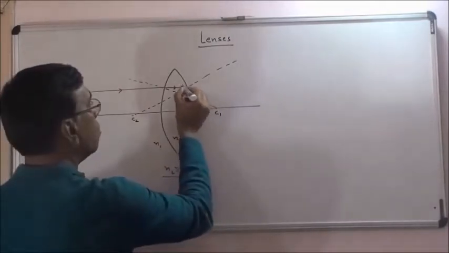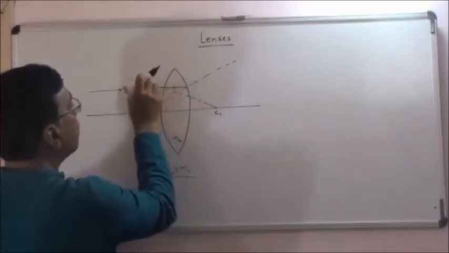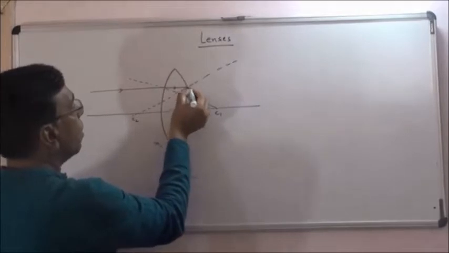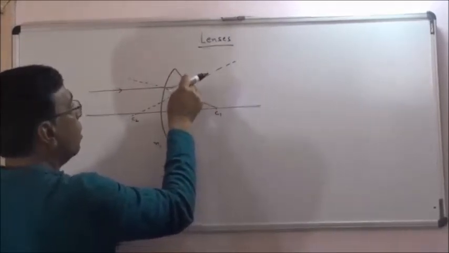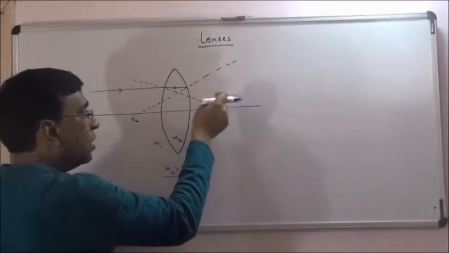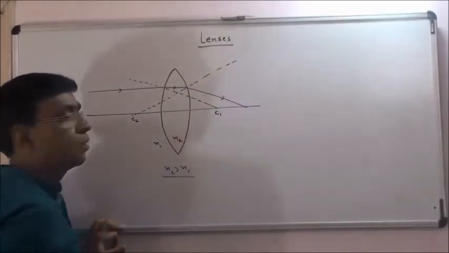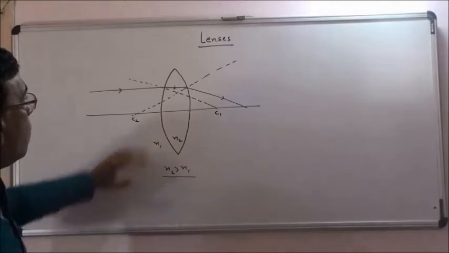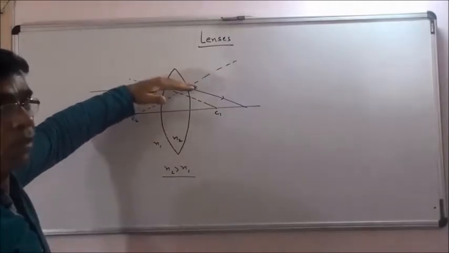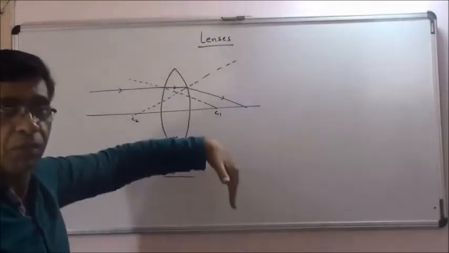It came closer earlier, rare to denser, and now it goes away from the normal. So maybe like this. First surface brings it slightly down, another surface further brings it down.